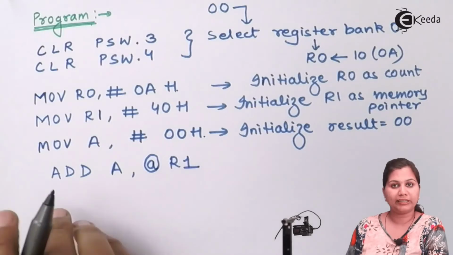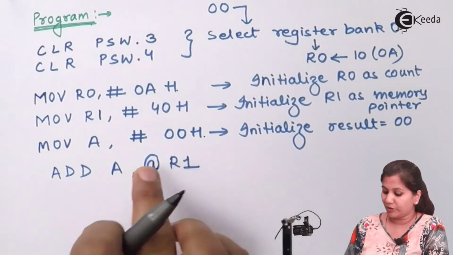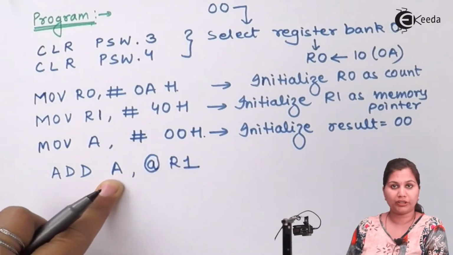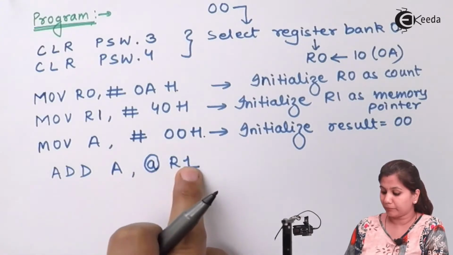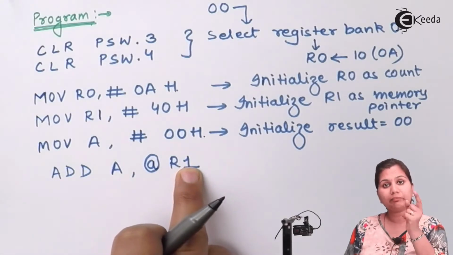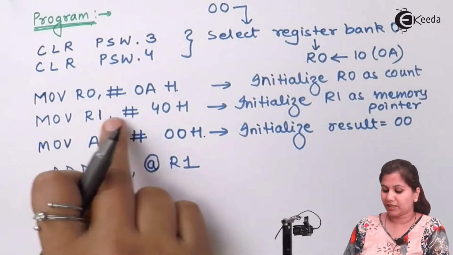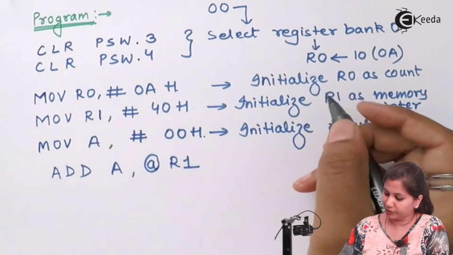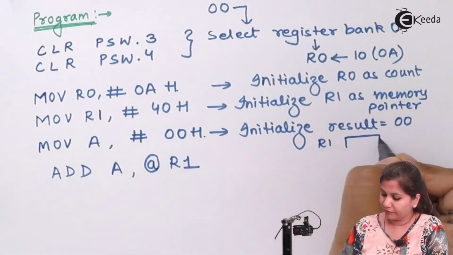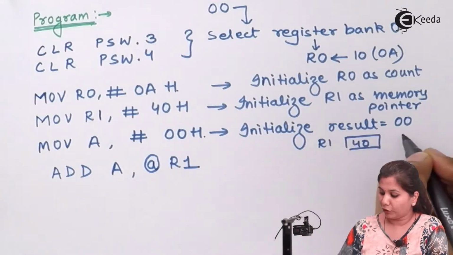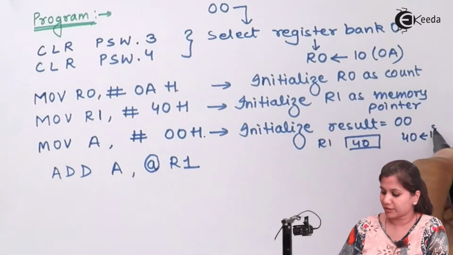This is a type of indirect addressing where we are adding the number which is stored in the accumulator and the number which is stored at the memory location which is there in R1. Because in R1 we are having 40H, and at 40H we are having our first number.